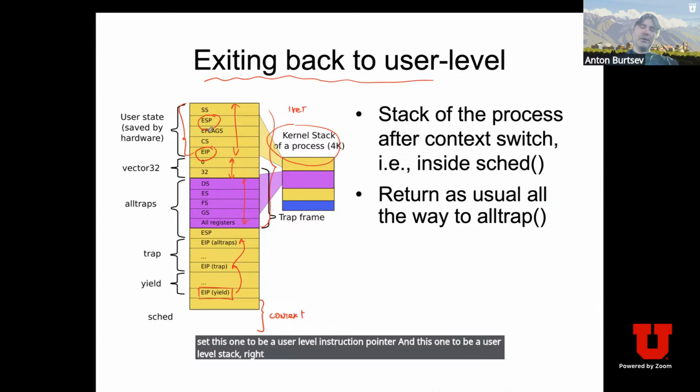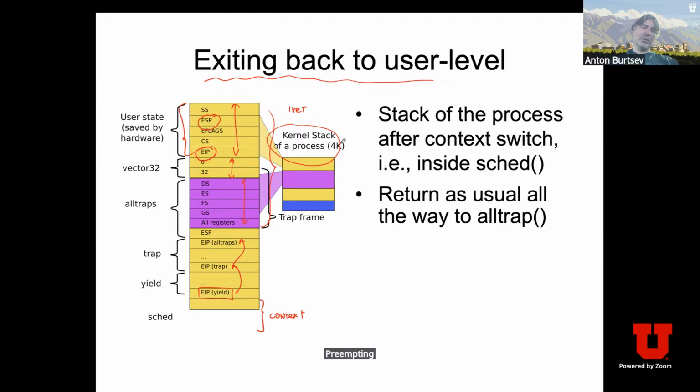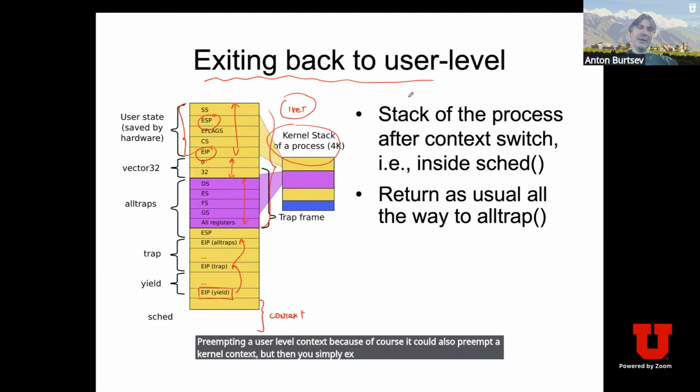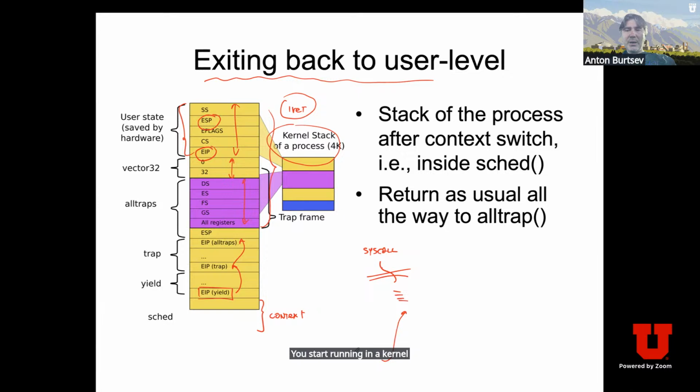Because if the interrupt was preempting a user-level context, of course it could also preempt a kernel context, but then you simply exit back into the kernel. Remember in x86, when you do a syscall, you don't disable the interrupt. So you enter the kernel, you start running in the kernel, but you can be preempted with the timer interrupt in the kernel as well.